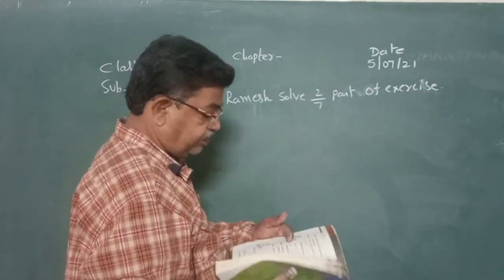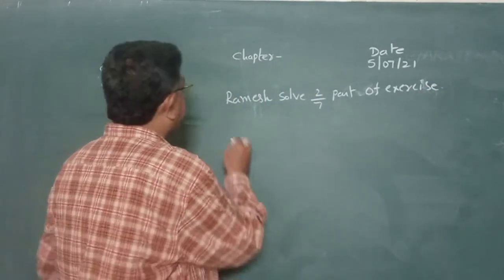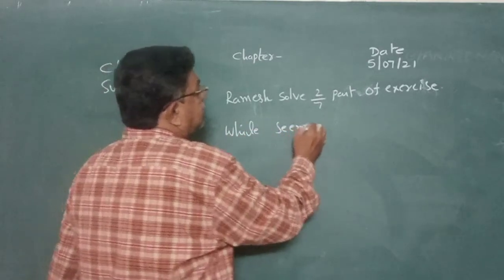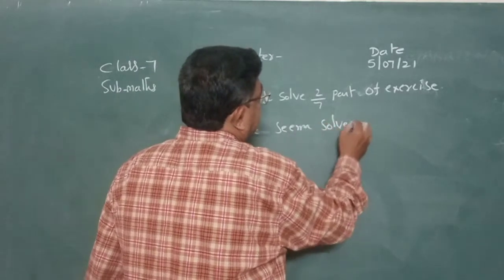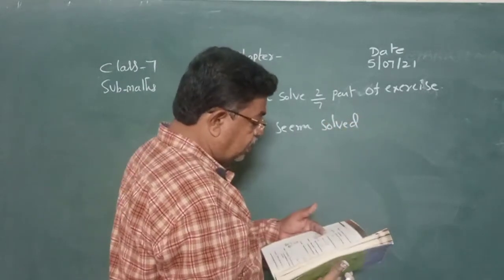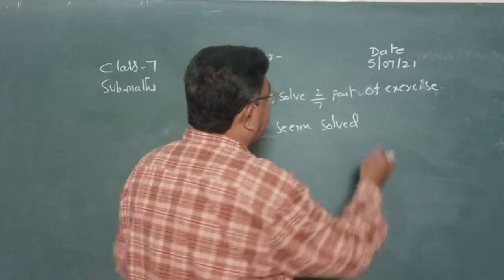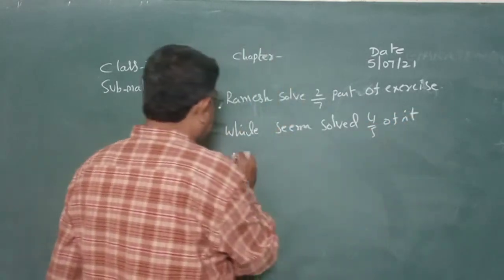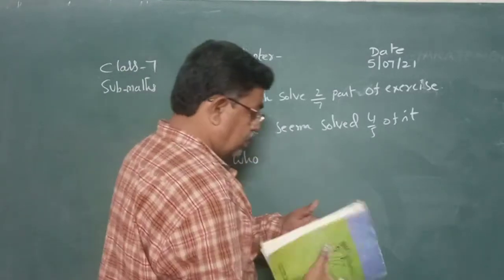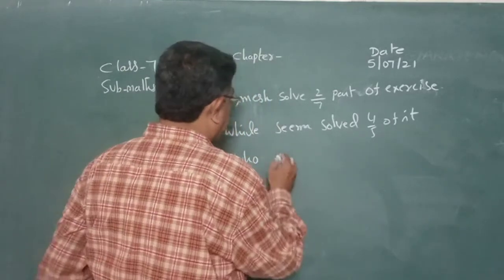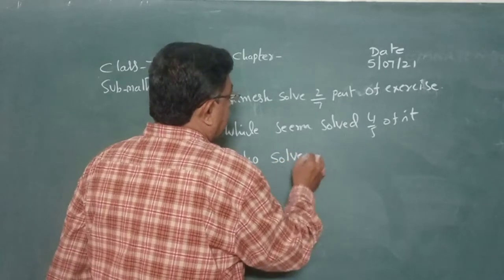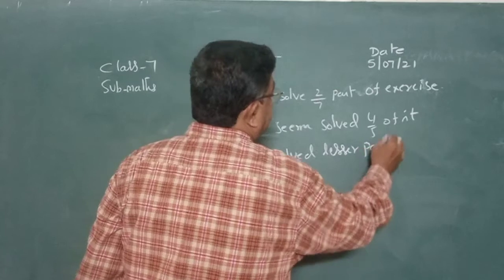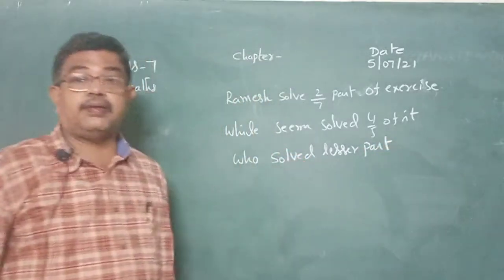While Seema solved 4 by 5 of it. Who solved the lesser part? Who solved the lesser part?